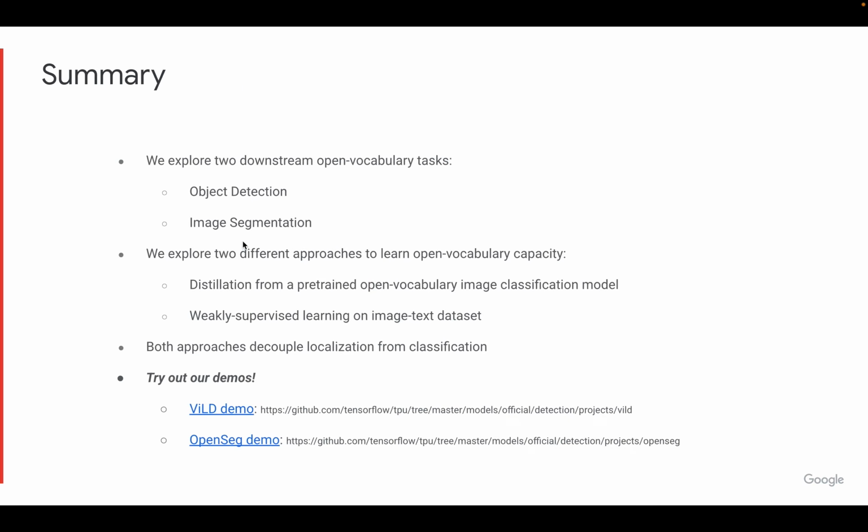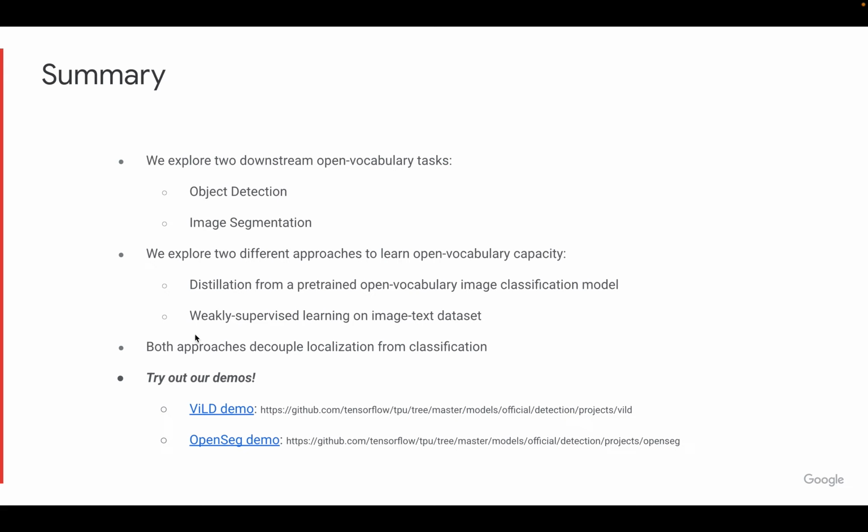And in summary, we explore two downstream open vocabulary tasks, ViLD for open vocabulary detection and OpenSeg for image segmentation. And in these two projects, we also explored two very different approaches to learn the open vocabulary capacity for these dense visual prediction tasks. In ViLD, we use a distillation method that distills the knowledge from a pre-trained open vocabulary image classification model.